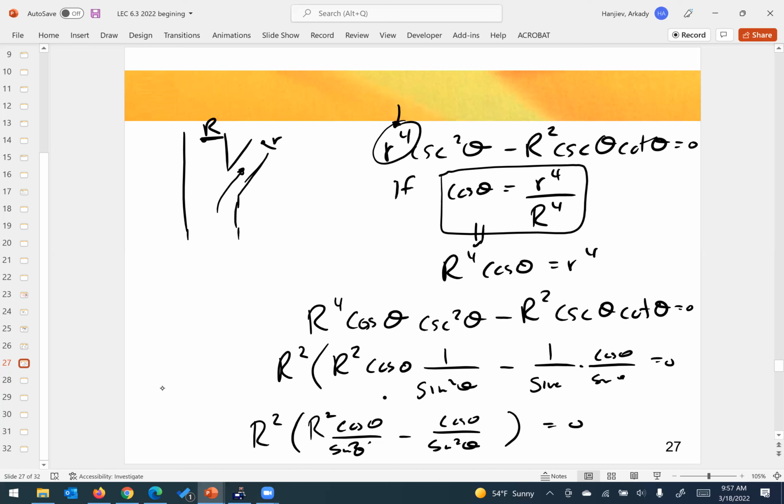Abe, we found out that this guy has an R squared. This one doesn't, so you can't put them together because there actually is a multiplier that's not the same. R squared on the one of them, so you can't actually subtract them. Oh, yeah, darn it. They're not like terms anymore. Wait, now I get to put the R squared back in.